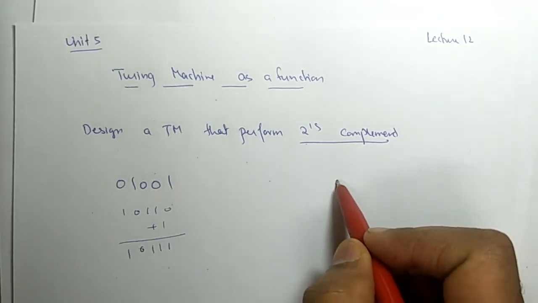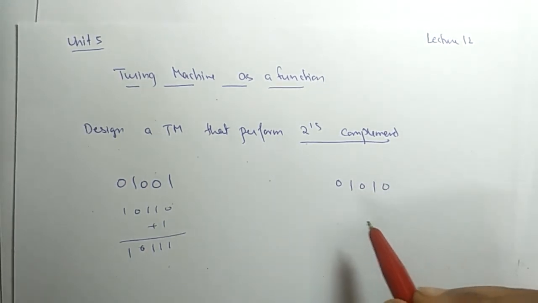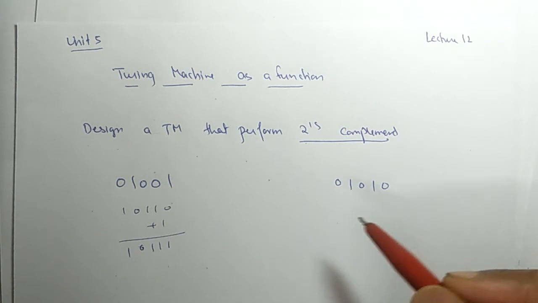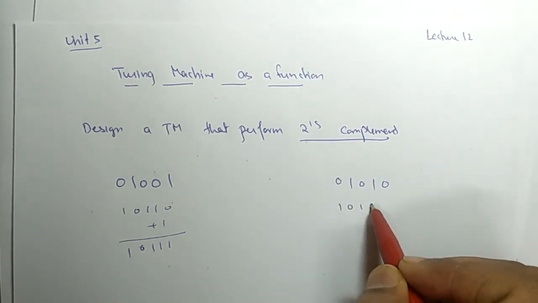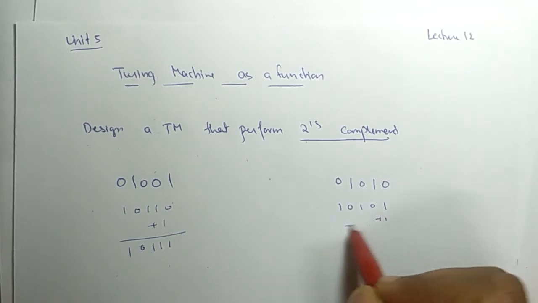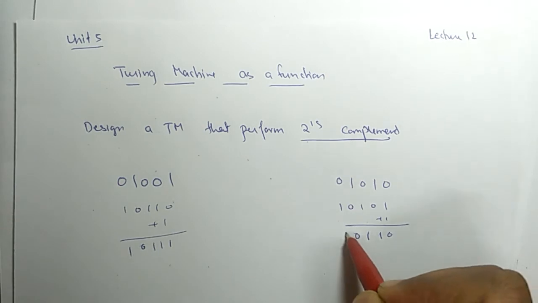Suppose we have another number 0 1 0 1 0, and what will be the 2's complement? First find the 1's complement and then add 1, it will become 0 1 1 0 1.